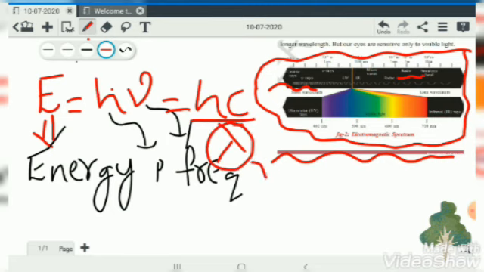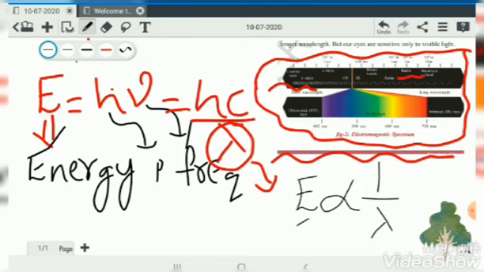Here lambda means wavelength. You can see clearly that E is inversely proportional to lambda, meaning the ray which has the highest wavelength will contain the least energy.